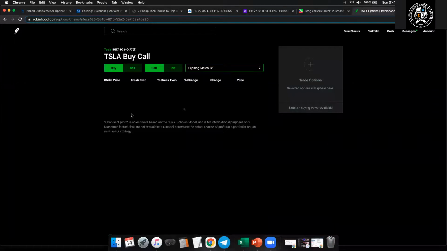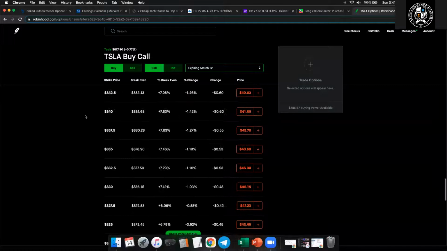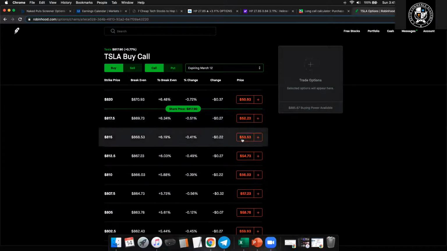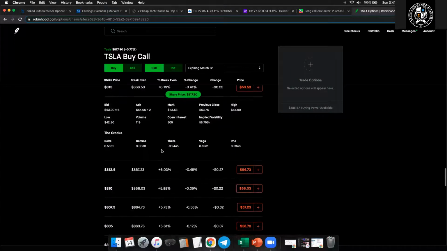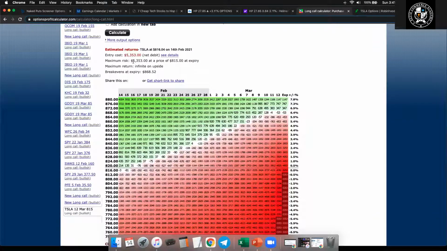March 12th, all the way down to 815. Still high. You know what I'm saying? Like, I wouldn't even mess with that. Now, again, it's Tesla. This joint could go all the way up to $1,000 tomorrow. It's just so much that could happen.